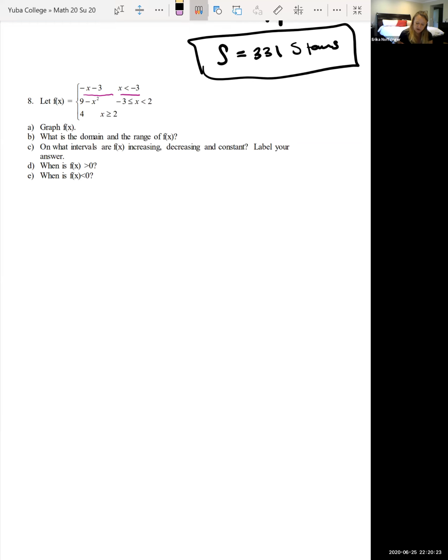If you're using any number between -3 including and 2 not including, you're going to use the second equation. And any number that is bigger, 2 or including, you're going to use this. So you want to graph each piece separately. Well, I graph them together, but kind of separately at the same time.